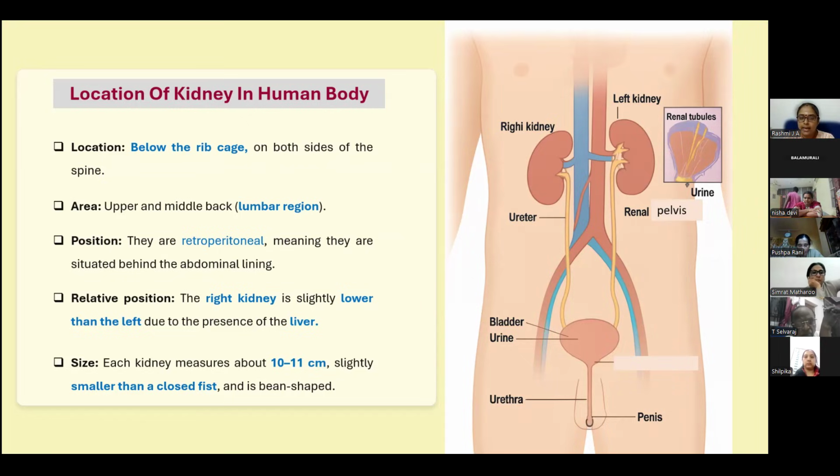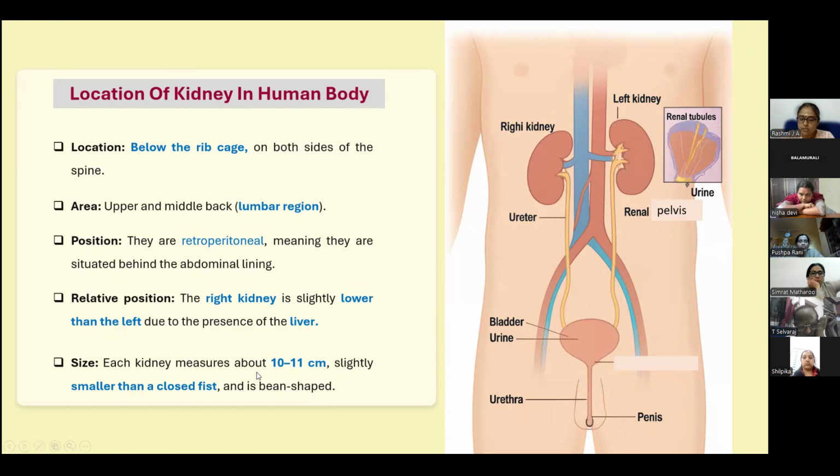The area is the upper and middle back, the lumbar region. They are situated behind the abdominal lining. The abdomen has the abdominal organs, and behind that is the kidney. The right kidney is slightly lower than the left one because of the presence of the liver.